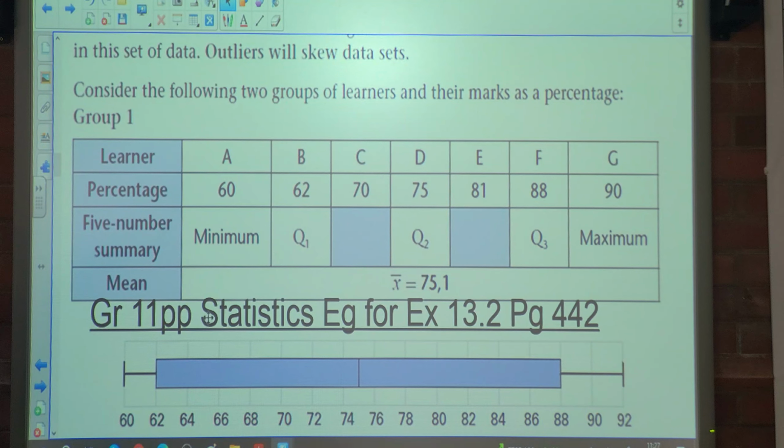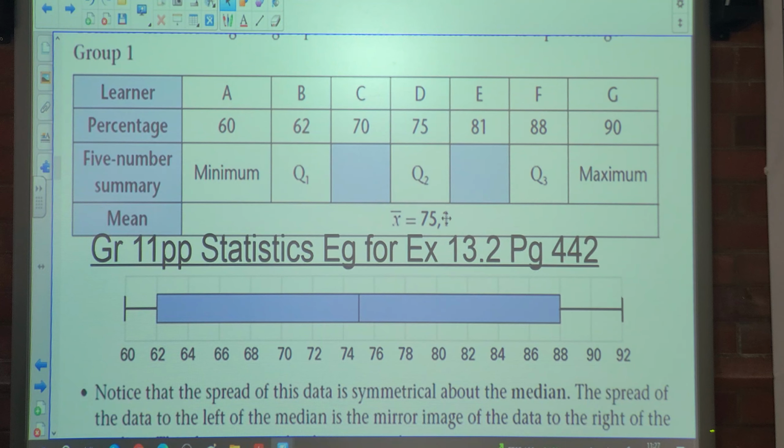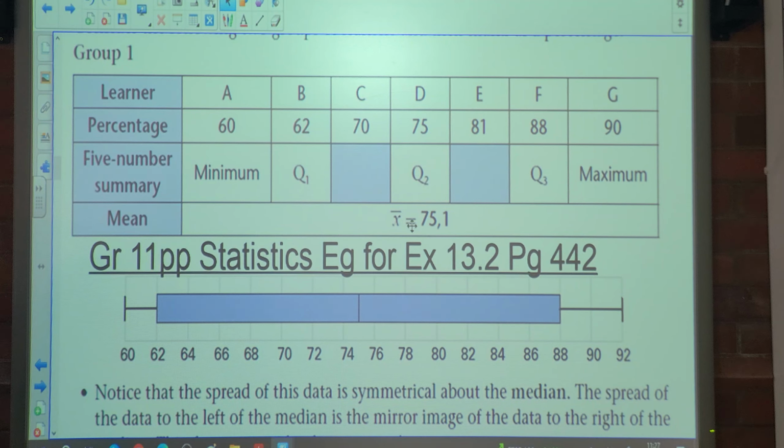Consider the two groups of learners and their marks as a percentage. Here we've got group 1. The average mark is 75.1. So what they did was add all this up and divide by 24 to get 75.1. Okay.